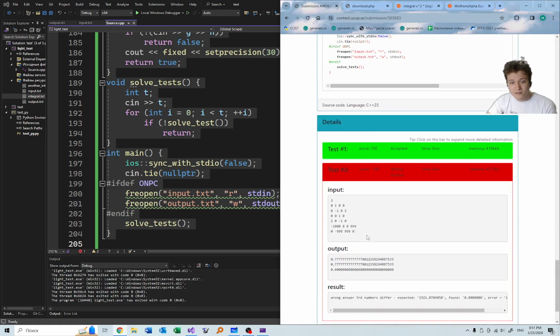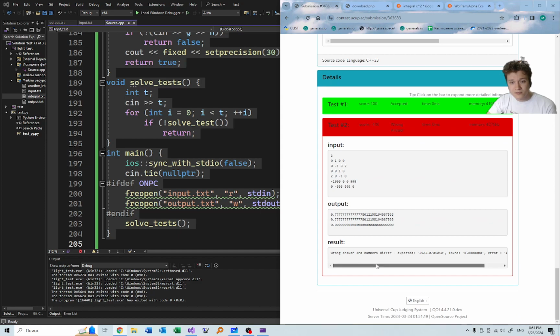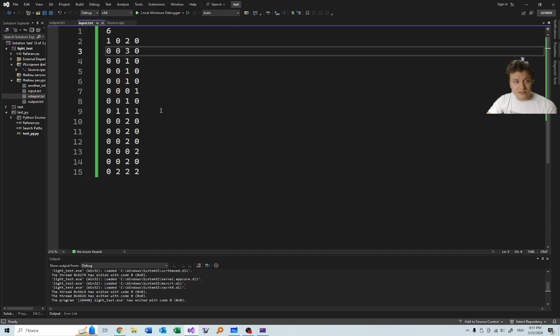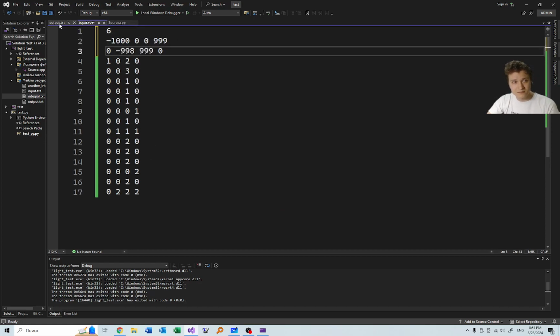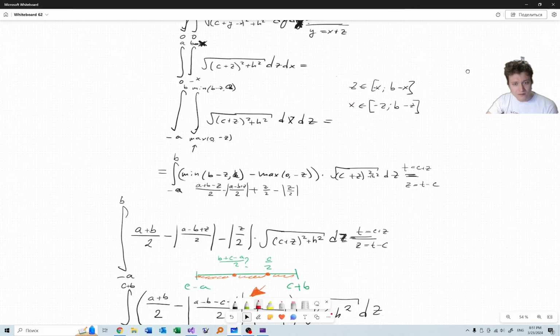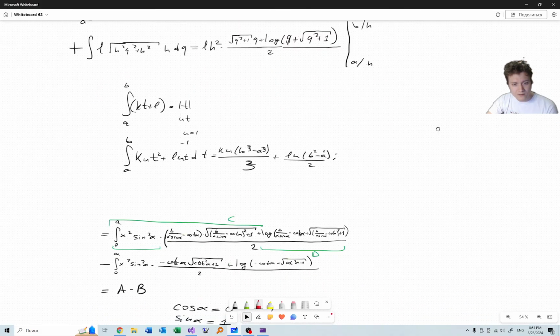Still second test. Third numbers differ. Why didn't I see that? It says 0. Well, it's strange to debug a solution using actual tests, but whatever. Actually, these are two vectors.